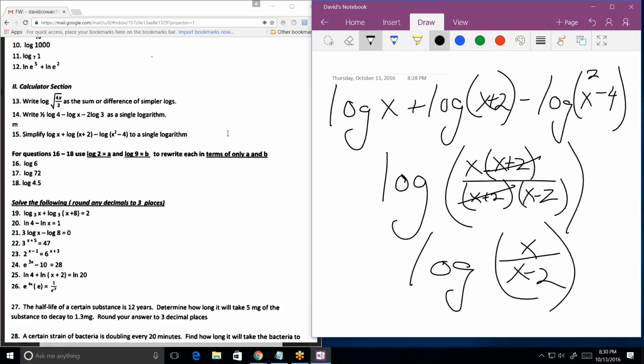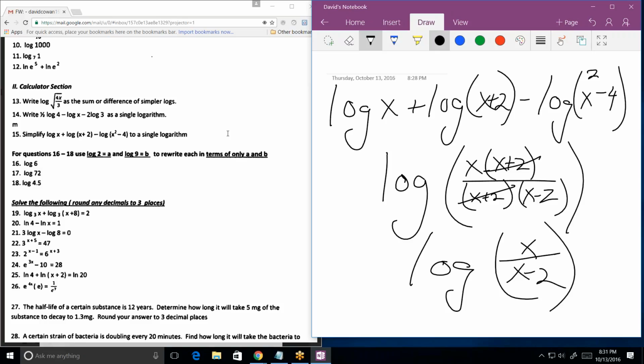What else can x not be if you can't ever take the log of 0? Can't be negative numbers either. No, it can't be plus or minus 2 from this one over here. In other words, this third log statement, if x were plus or minus 2, I'd be taking the log of 0, which is impossible. Right.